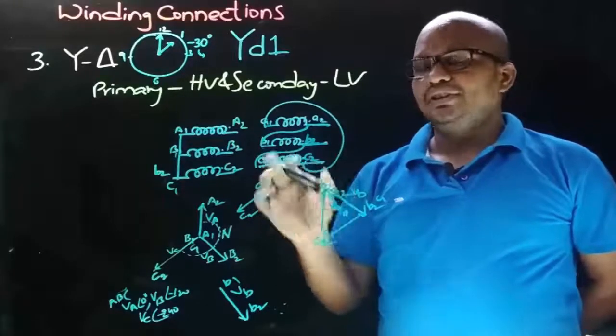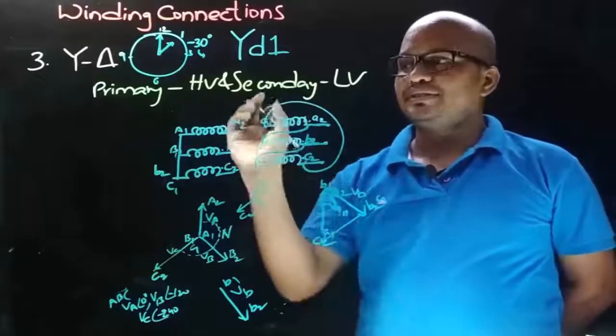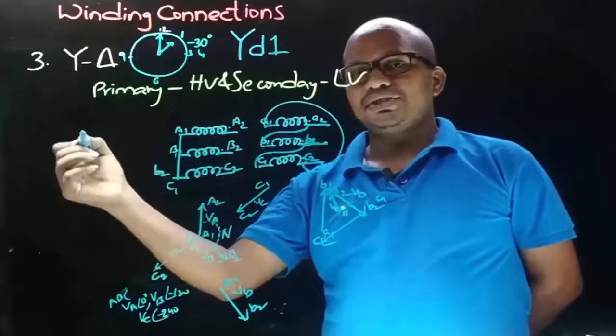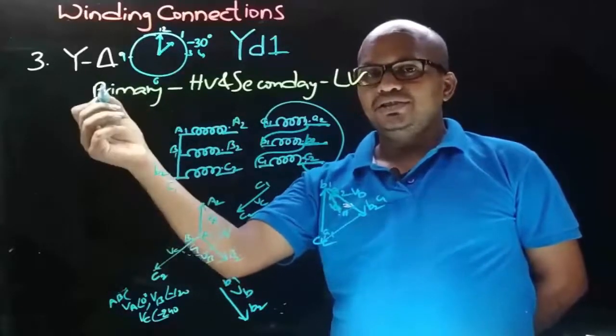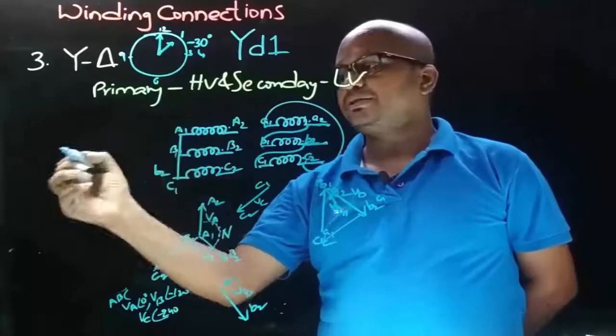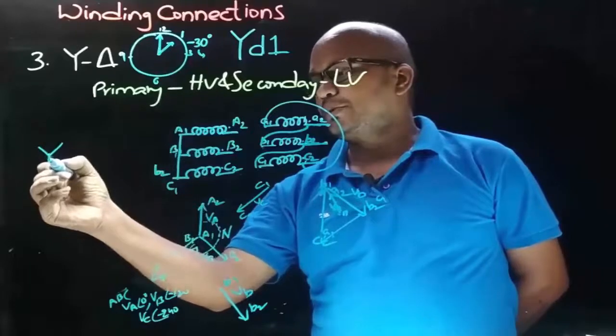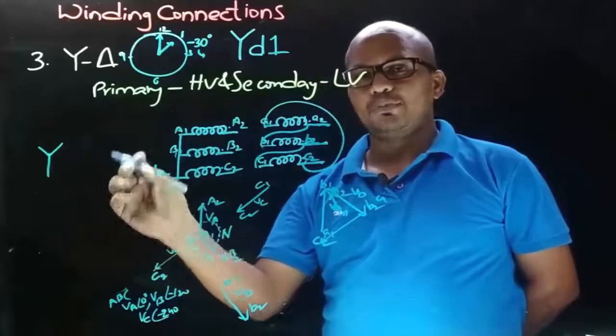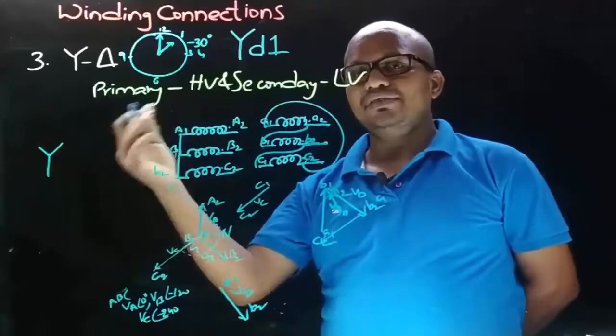And now let's identify the vector group symbol for this star delta connection. And we know that in vector group symbol, first character will indicate the HV winding connection, and which is in capital letters. So in vector group symbol, the first character is capital Y, and the second character is in smaller case, and that will indicate the LV side connection.